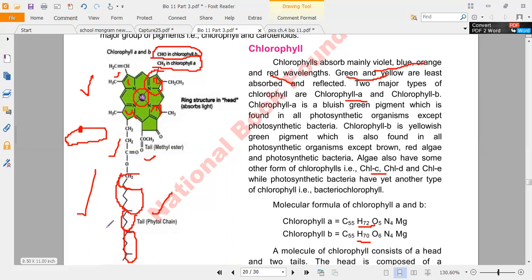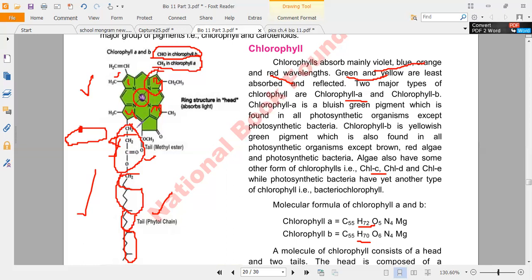So this phytol tail is hydrophilic in nature, and it is esterified with propionic acid. This propionic acid makes the ester bond with the fourth pyrrole ring.